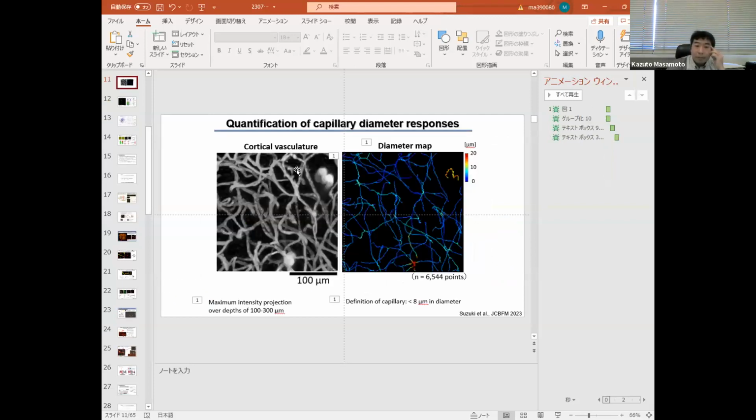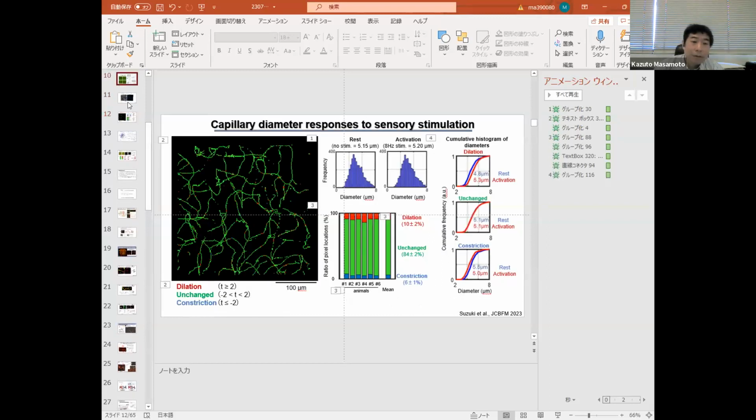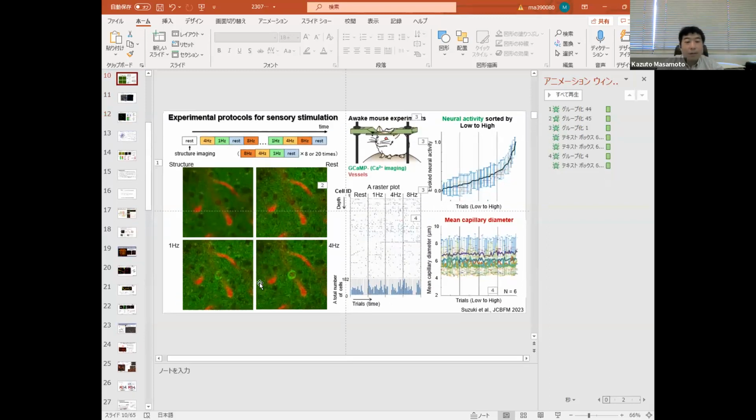This is a lecture image here. The resolution is about 0.2 micrometer. This is the steady state condition. Sorry, I didn't have the functional one. Here is the functional activation image.